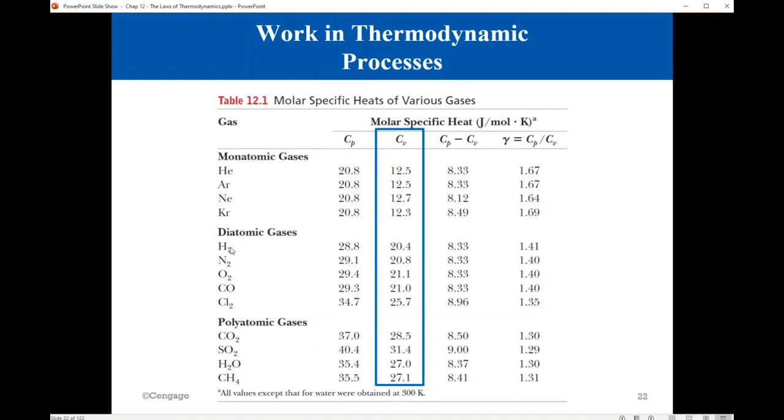For diatomic gases like H2, N2, O2, it is 5/2 R. This comes to 20.4. R is something in SI units. This is about the value of R here.